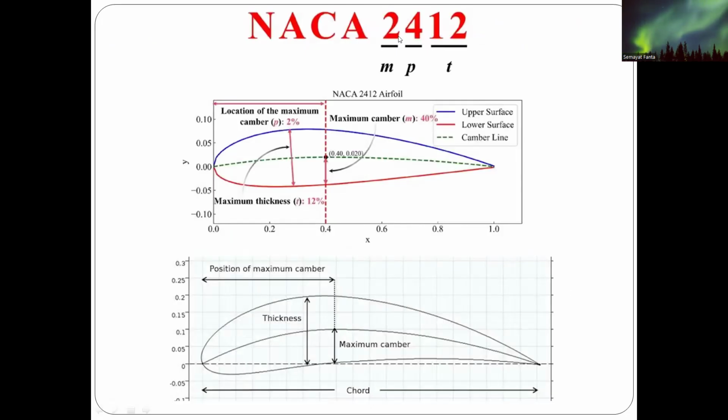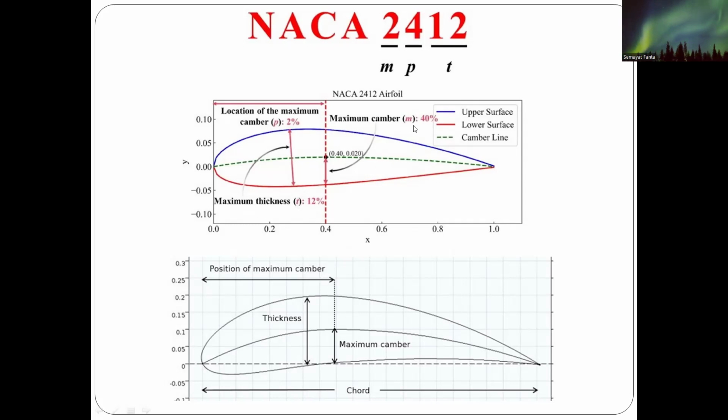For the NACA 4-digit 2412, we have M, P and T. M is 2, which means 2% of the chord is the maximum camber.